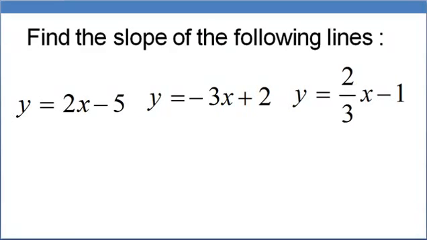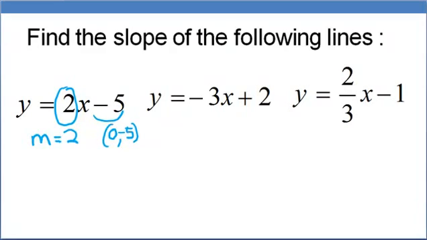The y is isolated. The slope is the coefficient of the x. No work. m equals 2. We could also pick off the y-intercept. We'll include the sign. So it is going to be 0, negative 5.